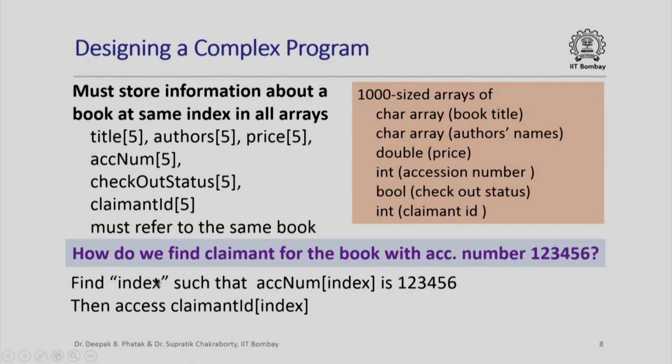Well, we will first have to find an index such that the array accession number at that index has the value 123456, whatever we are searching, and then we have to use that index to access the corresponding element of the claimant ID array. Now as you would agree with me that this is an unnecessarily convoluted reasoning, I am searching one array to match the accession number, then using the index from that array to access another array to find out the ID of the claimant.